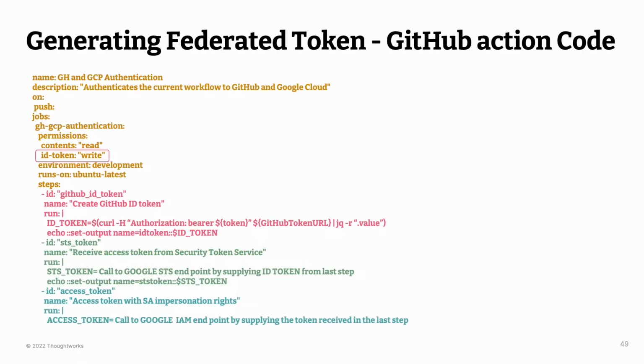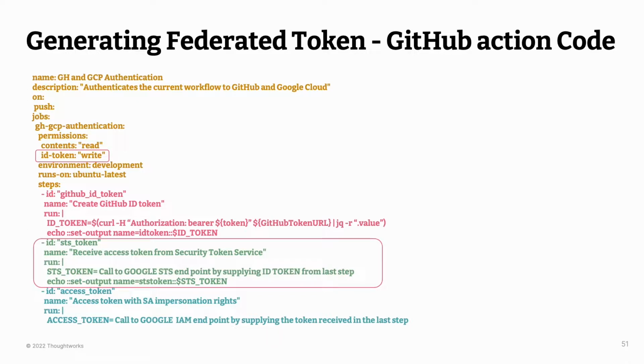On the GitHub end, in order to create an identity, we use something called a GitHub identity token URL to give GitHub an identity. Once the identity is given to GitHub, GitHub sends that identity to GCP, to a service called Security Token Service. What Security Token Service does is look into those conditions, the trust level that we defined, and then filter whether you are allowed or not allowed.